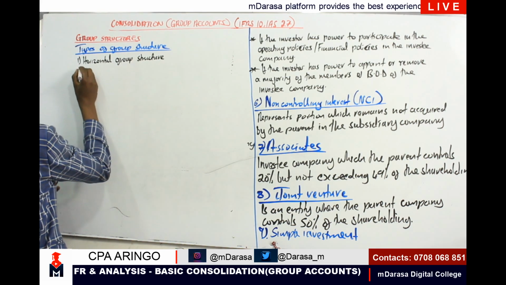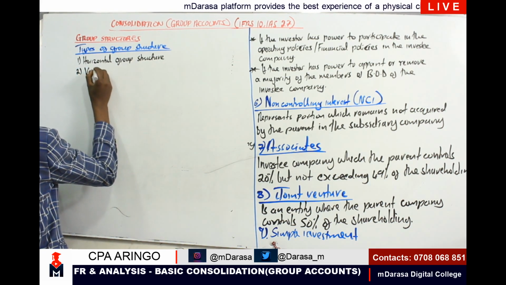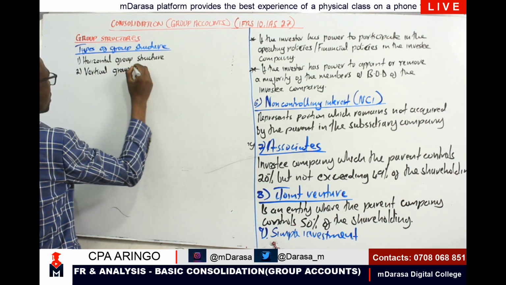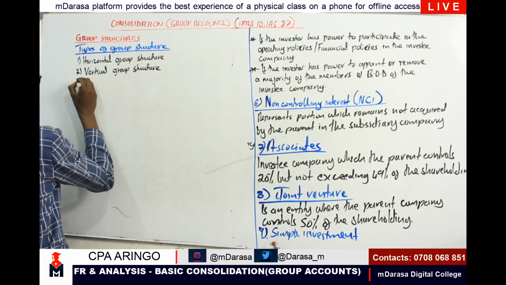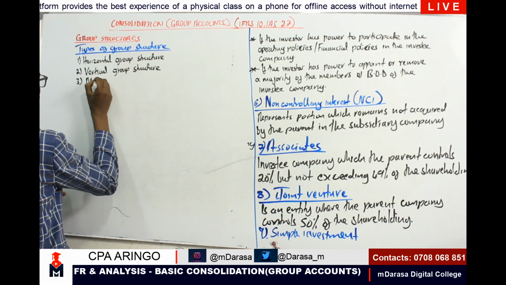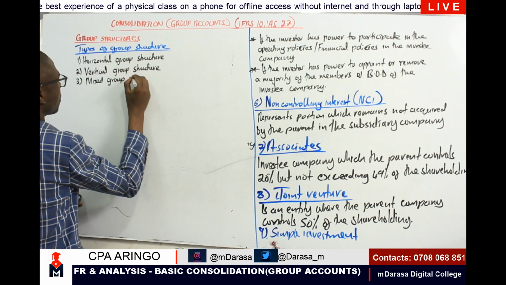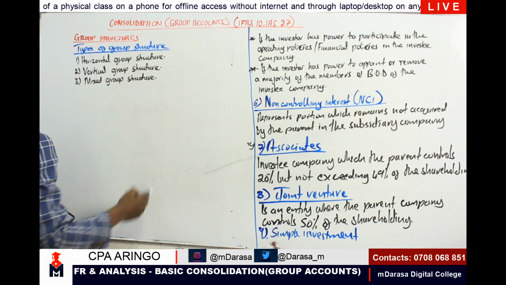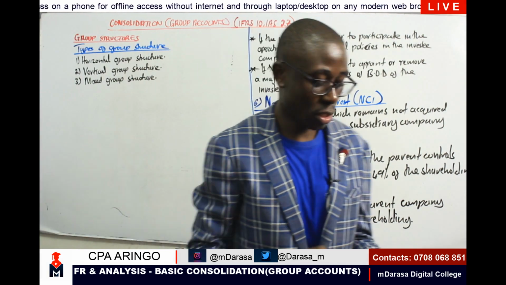Number two, vertical group structure. Number three, mixed group structure. So basically, that is what I want us to talk about today, the group structures.